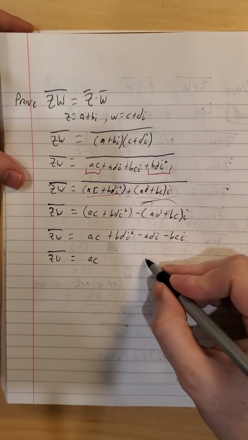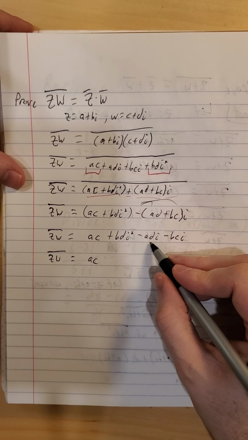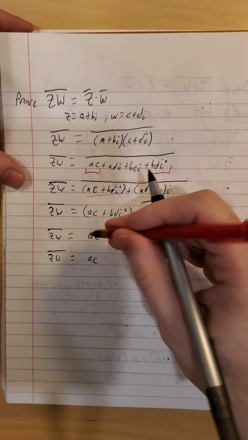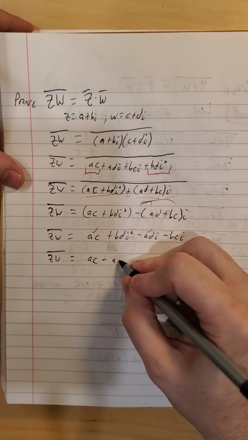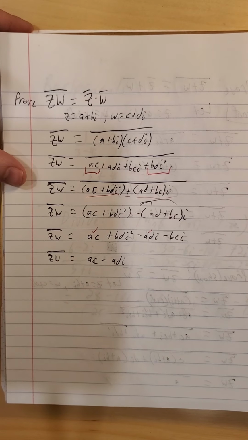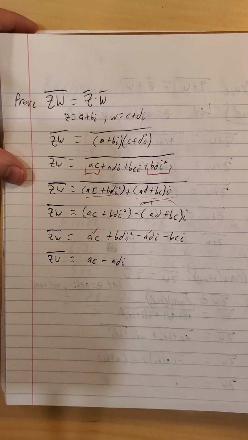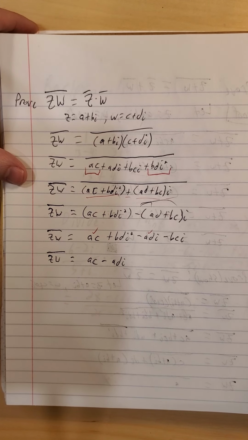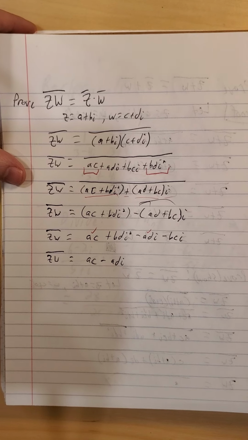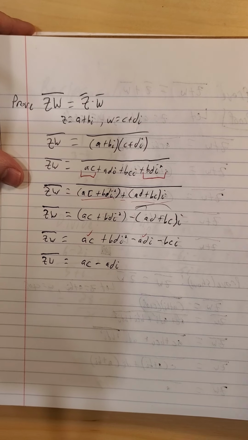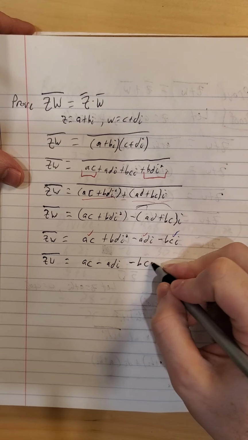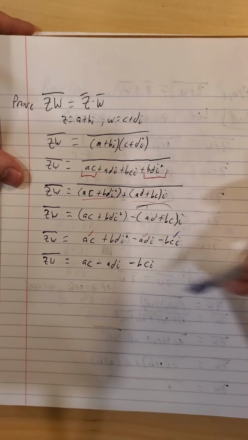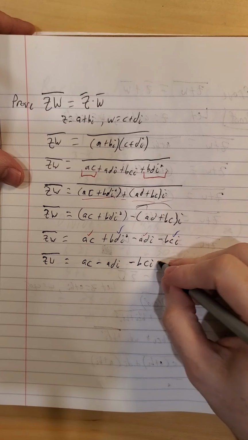I'll hang on to this AC and I'll just check them off as I use them. We'll move this minus ADI next to it. Then we'll use these two guys. So I'll use the minus BCI and the plus BDI squared.